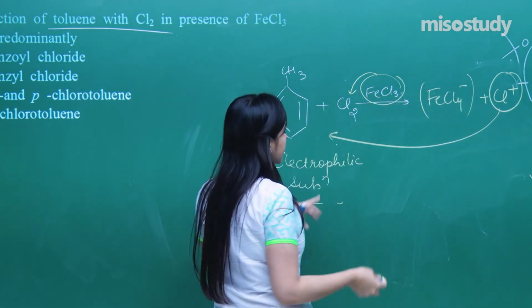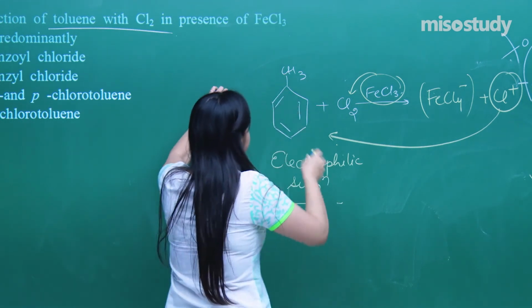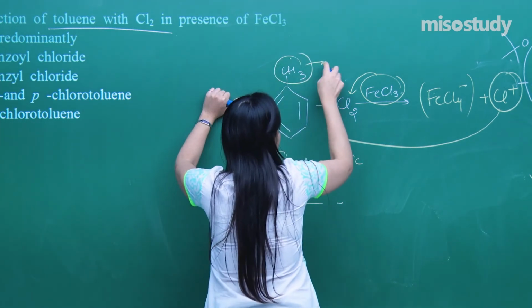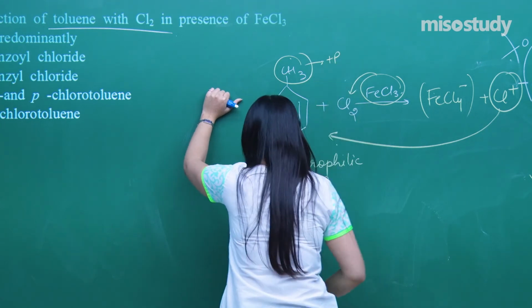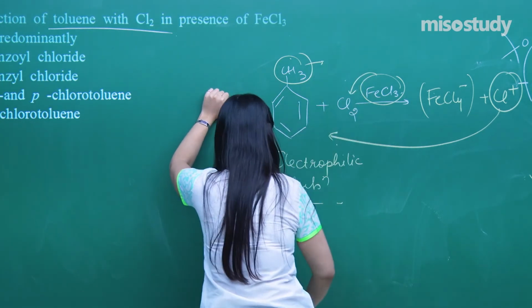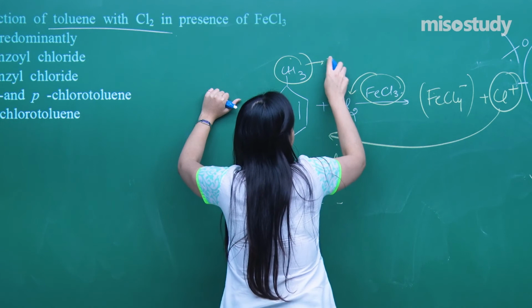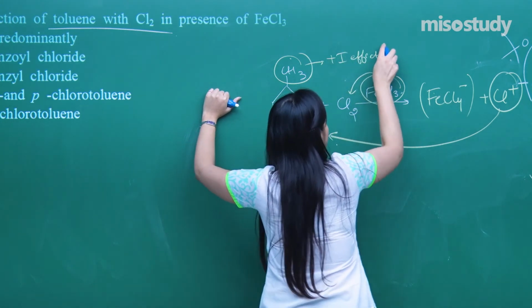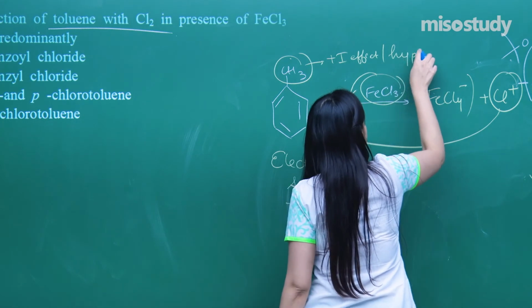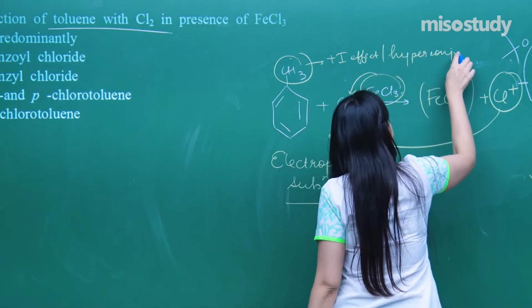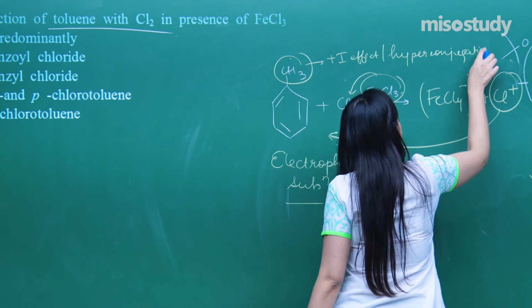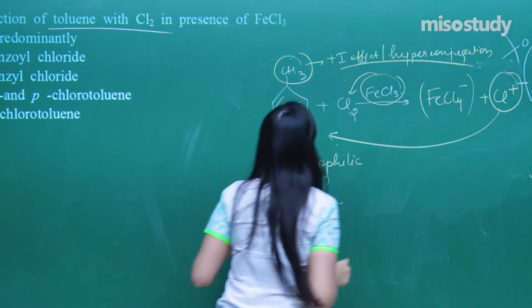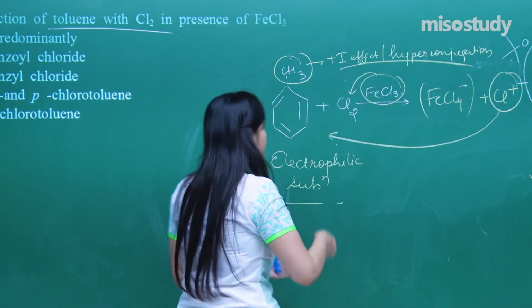But where on the benzene ring? If you see, this particular group is showing plus I effect, also hyperconjugation effect. So all those kinds of effects it is showing. That means it is a donating group.